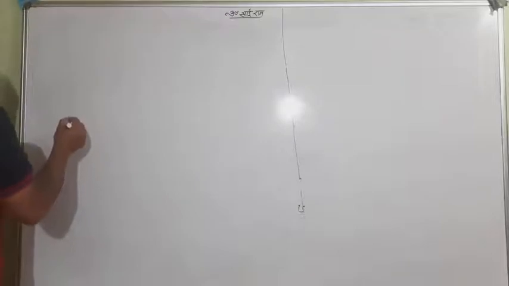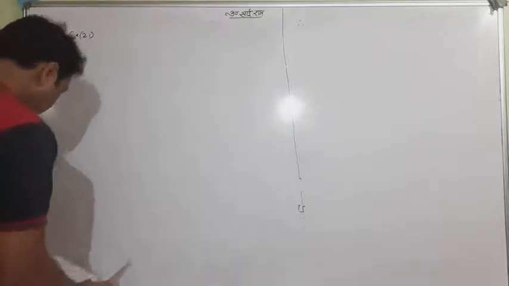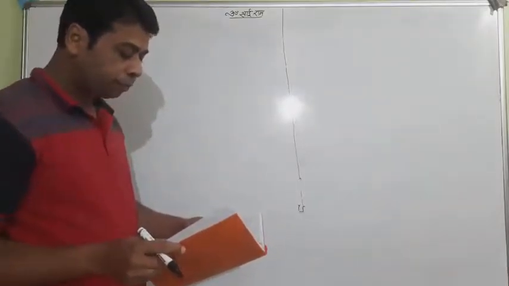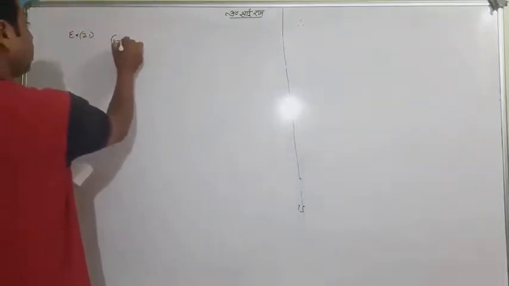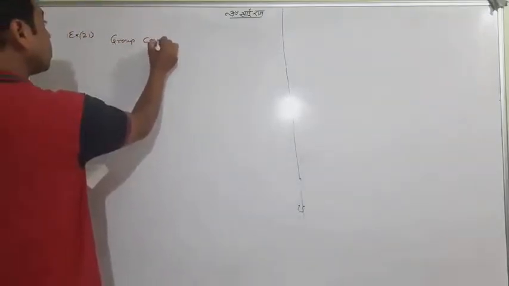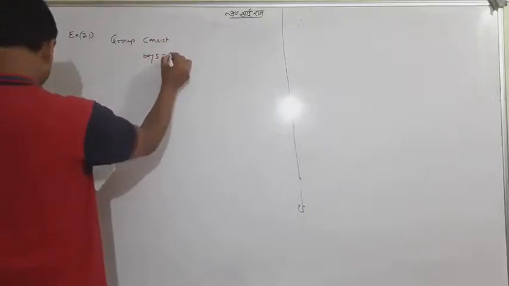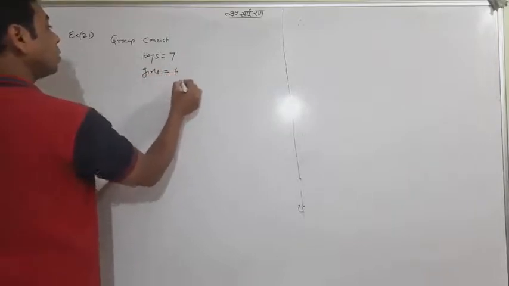Example number 21. Can you see? Example number 21. This is looking good. A group consists of 7 boys and 4 girls.